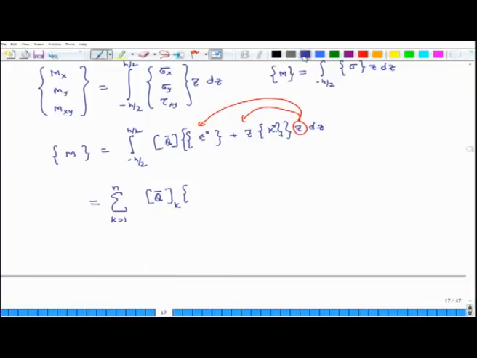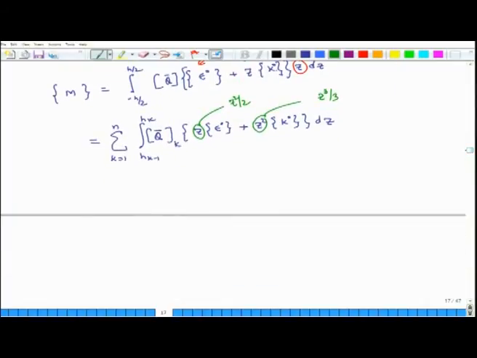So, this becomes z times epsilon naught plus z square times the curvature vector, times dz. This is my moment resultant, and it has to be integrated from h k minus 1 to h k. Within a layer, when I integrate, z square becomes z cube by 3 and z becomes z square by 2.